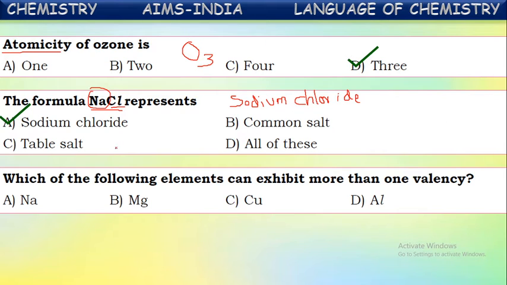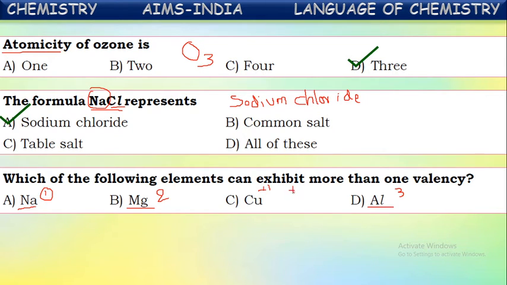If you observe elements like sodium, magnesium, aluminum, they always exhibit a single valency. Sodium always exhibits one valency. Magnesium exhibits two valency. Aluminum can exhibit three valency. But in the case of copper, copper can exhibit more than one valency.